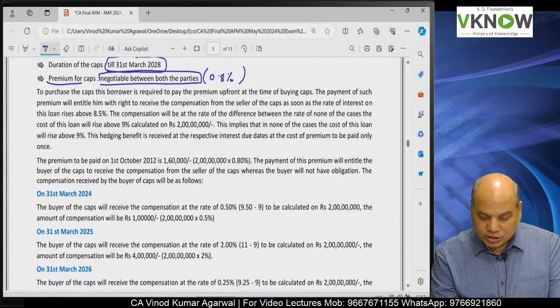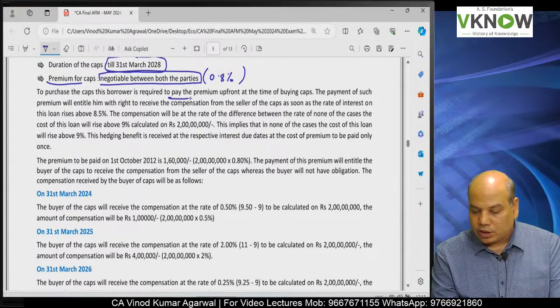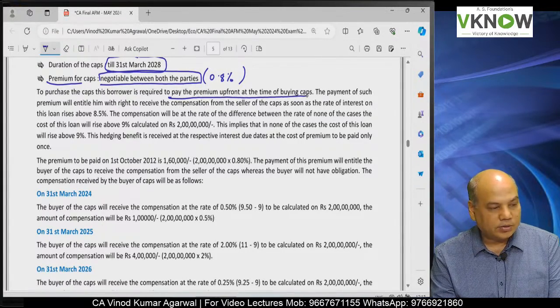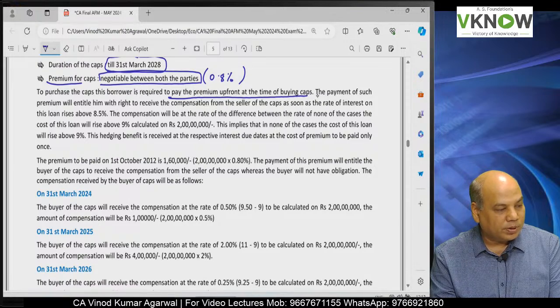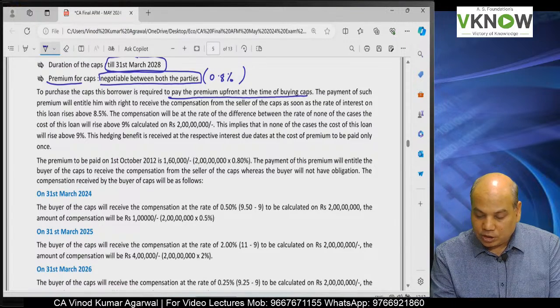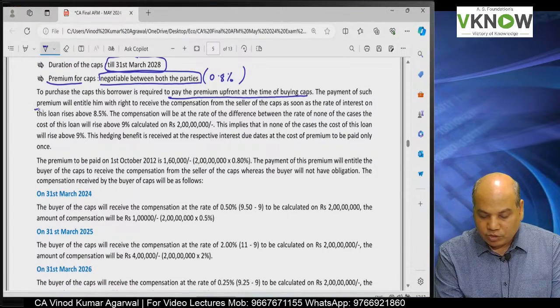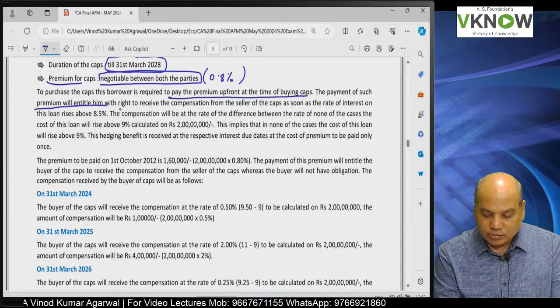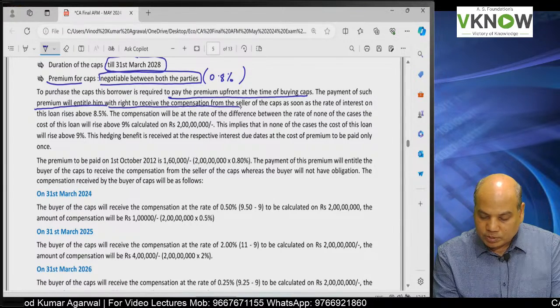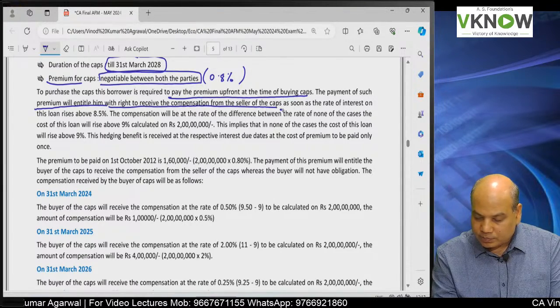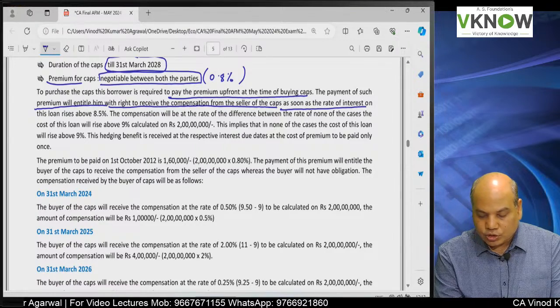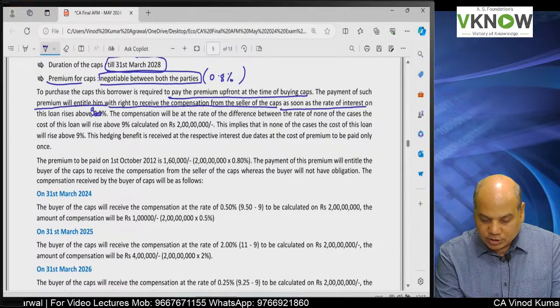Now to purchase this cap, the borrower is required to pay the premium upfront. Premium is required to be paid upfront. The payment for such premium will entitle him with the right to receive the compensation from the seller of the cap if the interest rate goes above 9%.